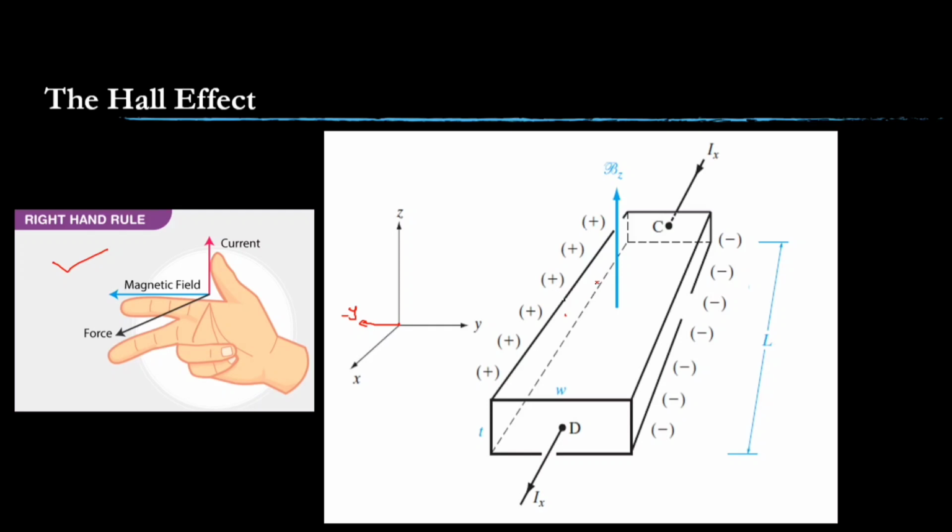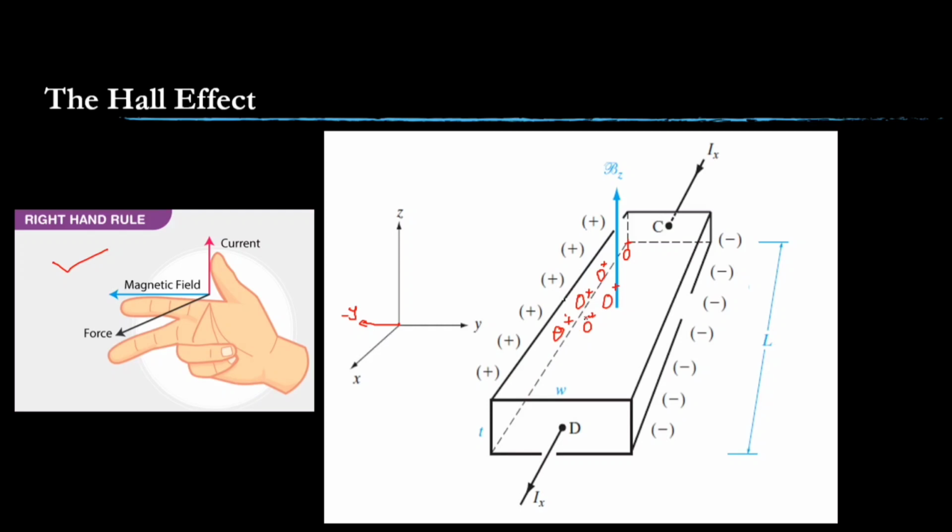Then holes start moving slowly towards this end of the semiconductor. So positive charge is going to accumulate on this side. But positive charge will flow in the x direction also.